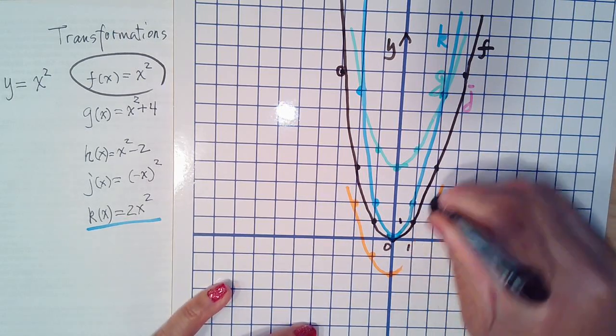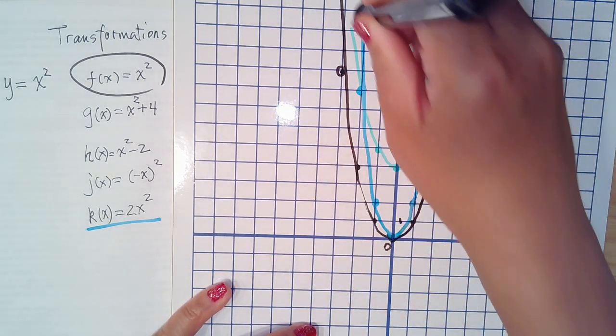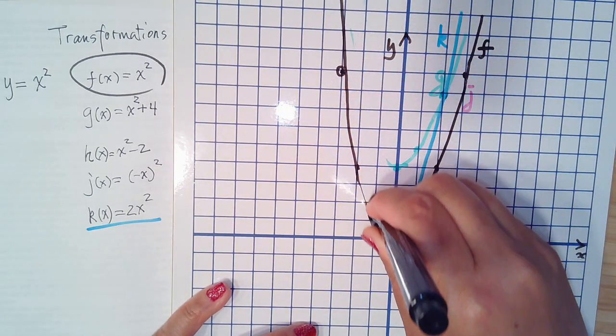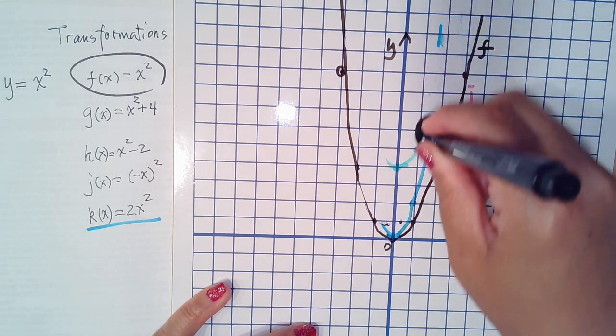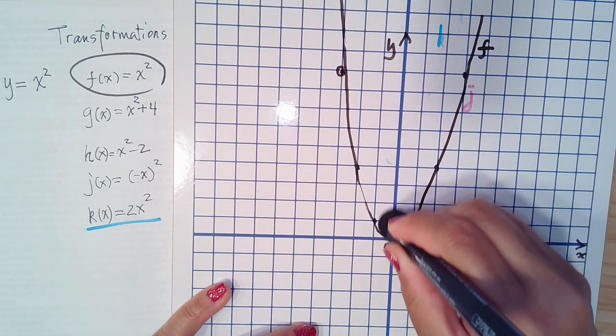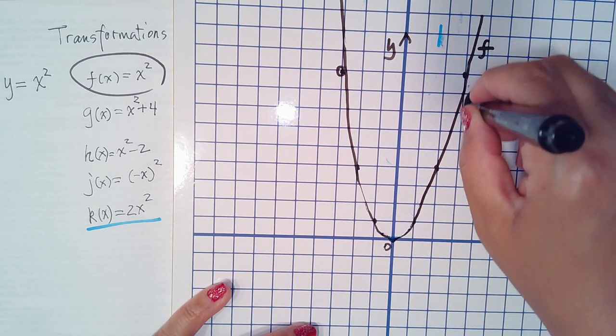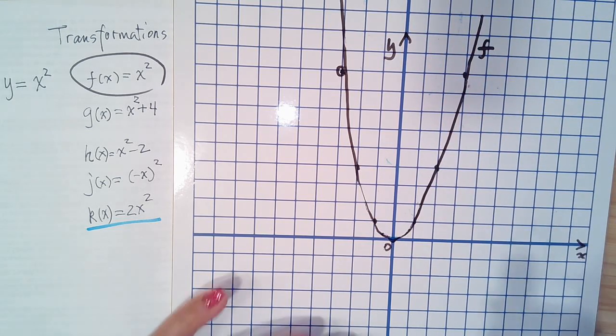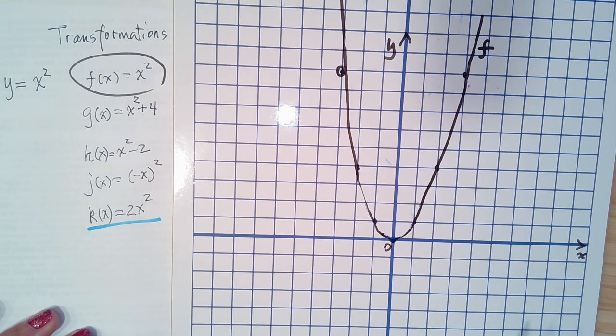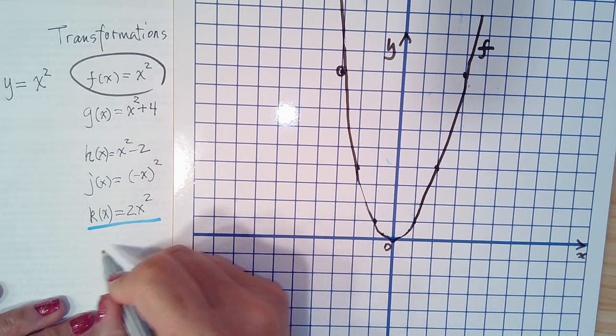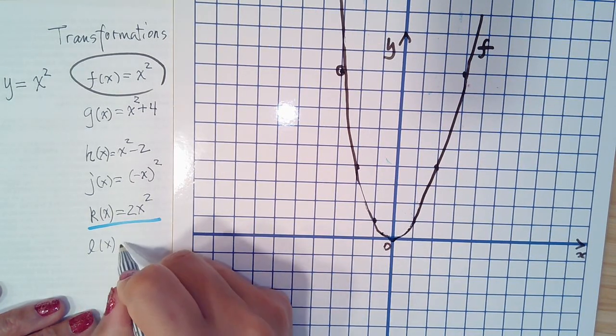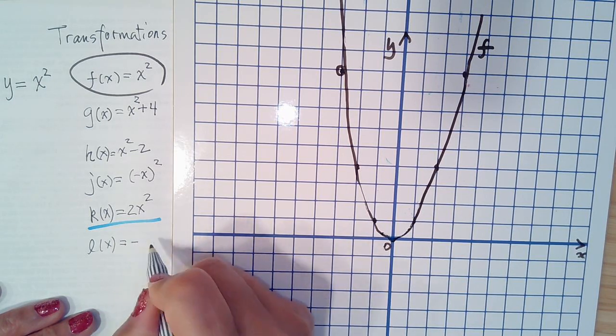All right, now I think I should erase a lot of things because it's confusing. Alrighty, so let me just go back to my original parent function. Okay, and then I'm going to ask you more. So this is k, h, i, j, k, l. I do l. L of x is negative 2x squared.